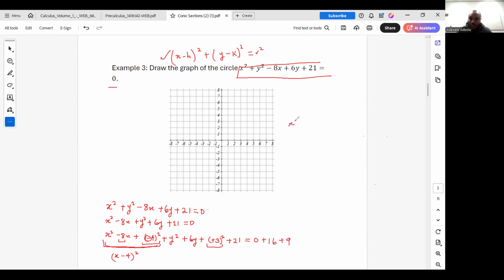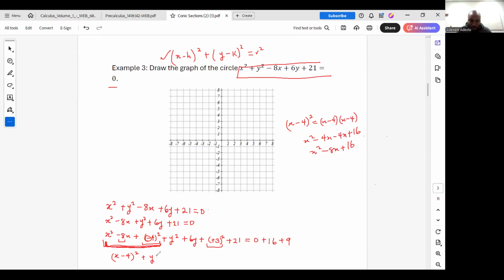If you want to check, you can just quickly expand this, which is x minus 4 times x minus 4. And that is x squared minus 4x minus 4x plus 16. So that is x squared minus 8x plus 16, which is exactly what we have here. So the same thing works with that.